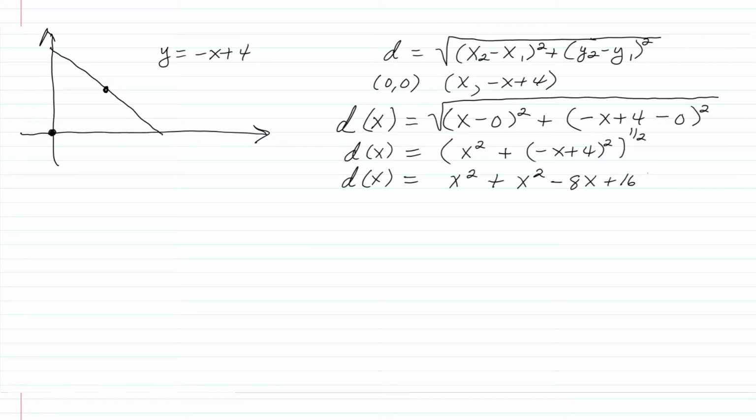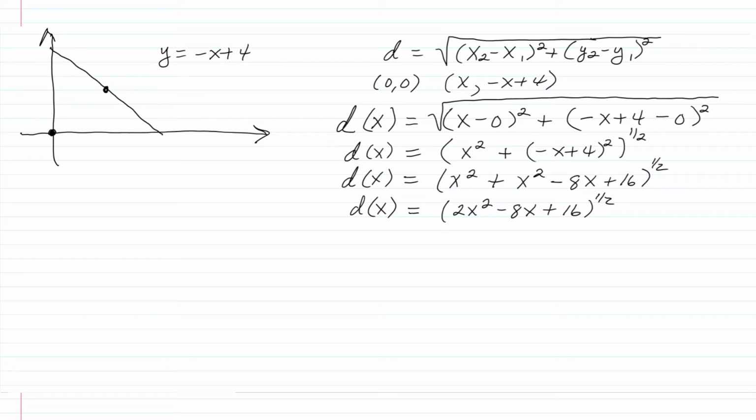And all of this is still to the 1/2 power. So let's combine some like terms here. So we're going to have 2x squared minus 8x plus 16 to the 1/2 power. So that's our distance as a function of x.